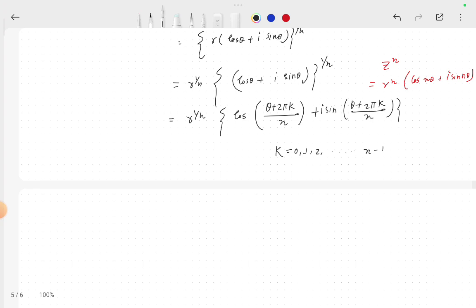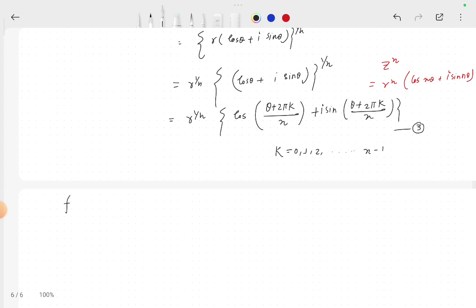For n different values, because k equals 0, k equals 1, k equals 2, and so on. That is the way we can find the root of any complex number. This is equation number 3.